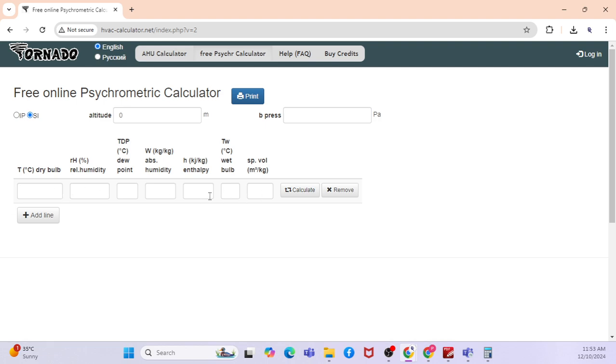So you should know two values to arrive at the other values. Say for example, dry bulb temperature is 34 degree and wet bulb temperature will be 32 degree. You can calculate all other values in SI units or in IP units, right? So this is one of the procedures to find out all other parameters.